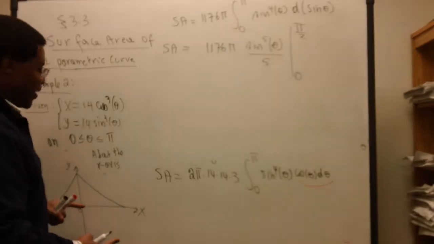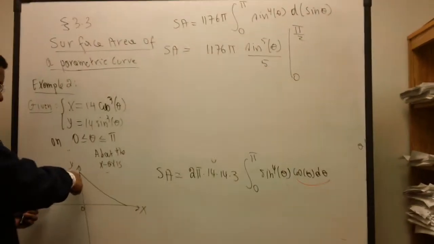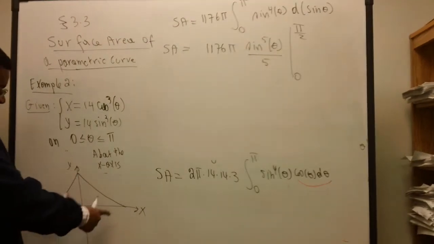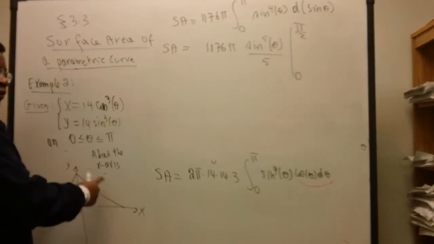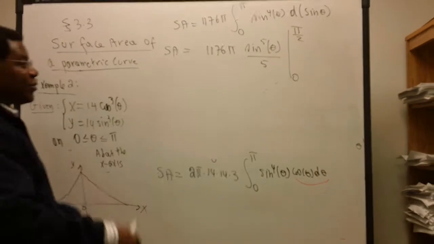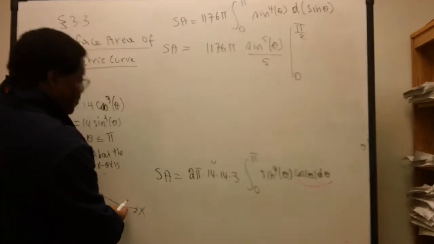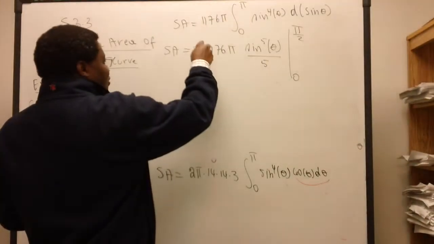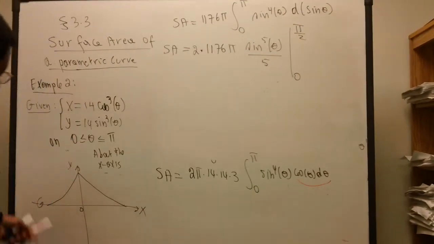So this basically gave me the surface area generated by one piece. Then I can multiply this by 2 to get the surface area generated by the entire curve, this whole thing.